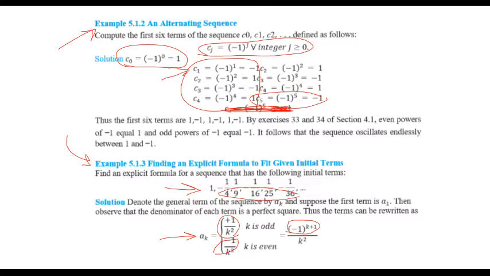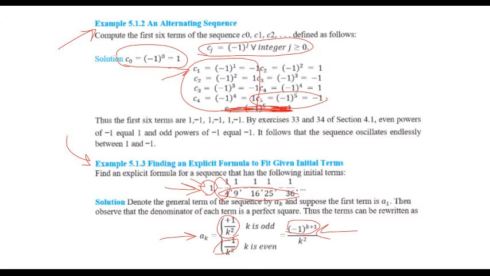So now we can check to see if this general term is correct or not. To check that, we first replace k by 1 to see if we can get the first term. If you replace k by 1, then you get the first term, which is 1. If you replace k by 2, then you get the second term, and so on.